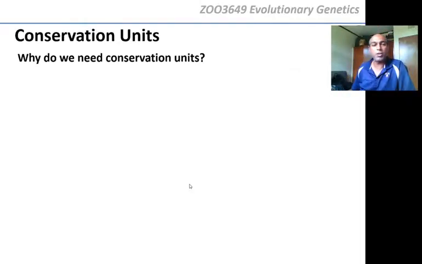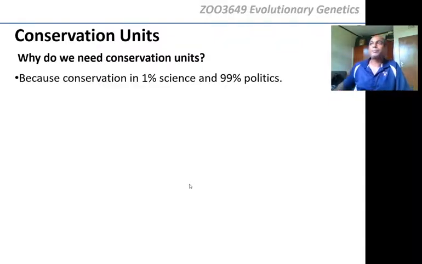What are conservation units, and why do we need them? Well, we would not actually need conservation units if the world was not messed up. If it was a perfect place where humans did not exploit and were greedy, and we did not destroy everything that we touch, then we wouldn't need conservation units, because conservation would happen without humans needing to do it.